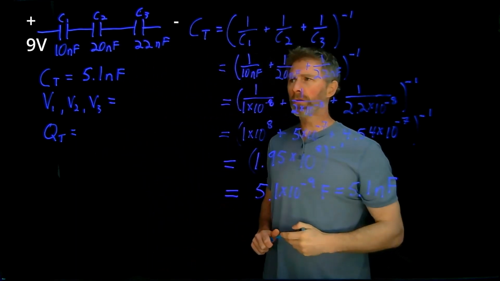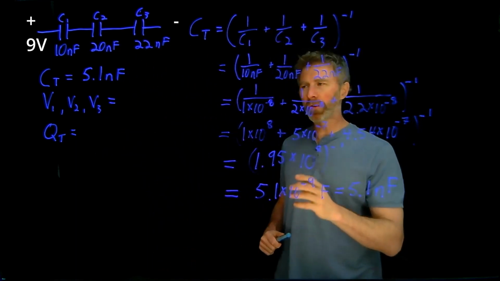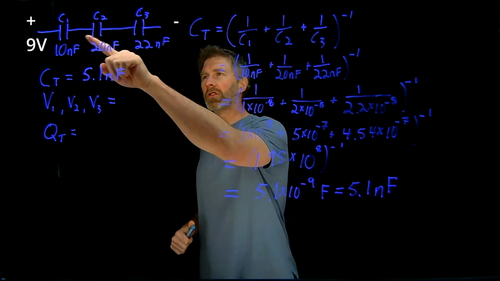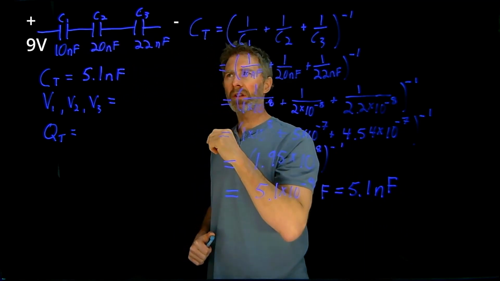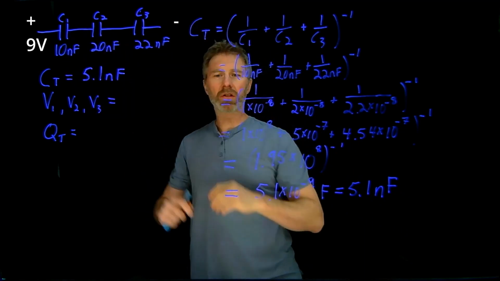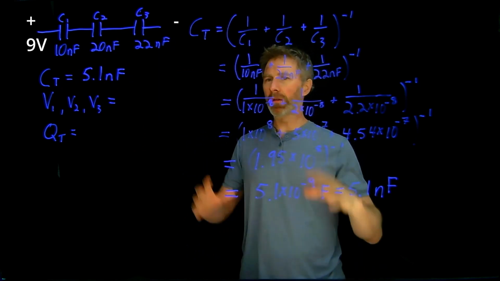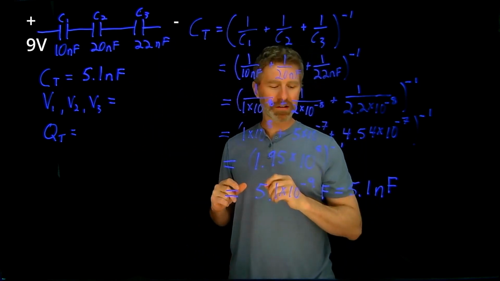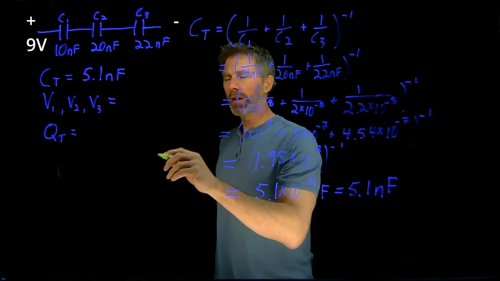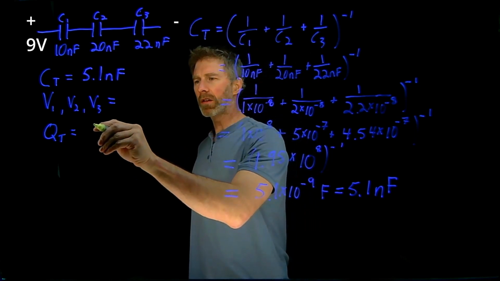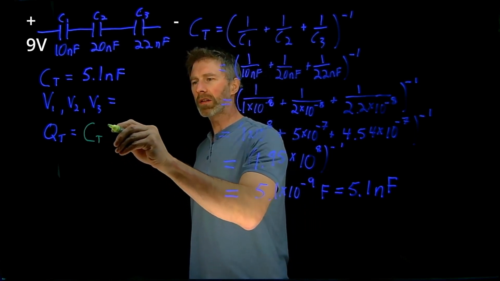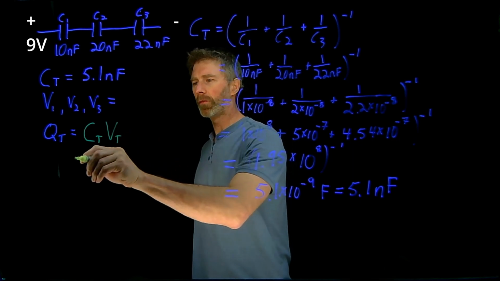Let's jump down to calculate the total charge. Remember, with series capacitors, the charge on each of the individual capacitors is the same, and it's equal to the charge that's across the equivalent capacitance. So total charge, when we're dealing with capacitors, will be the total capacitance times the total voltage.